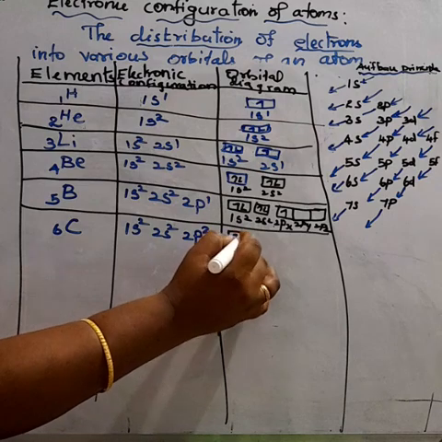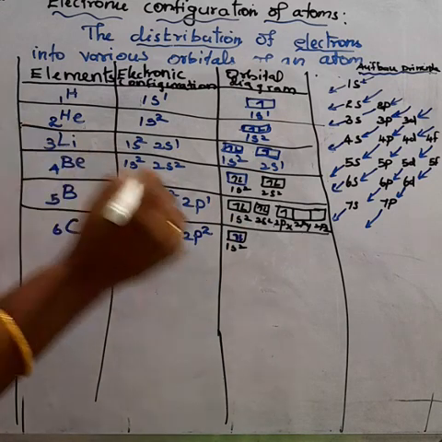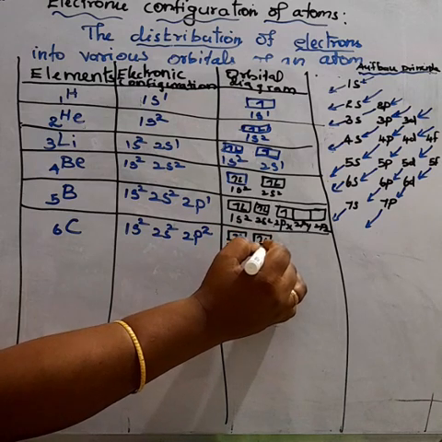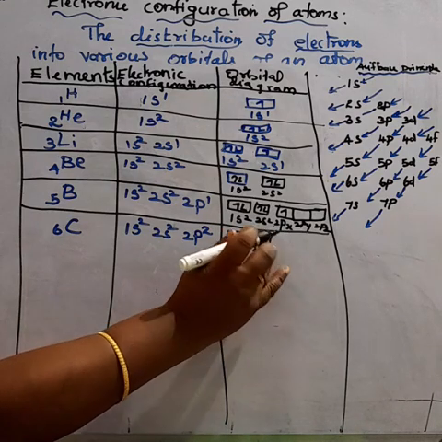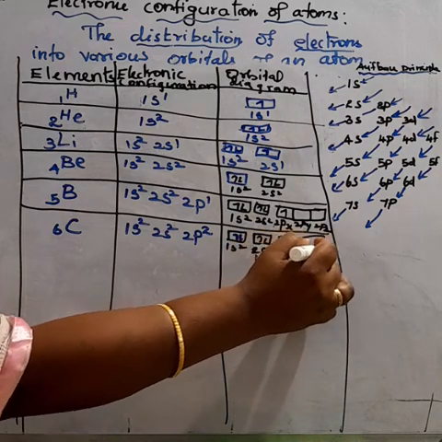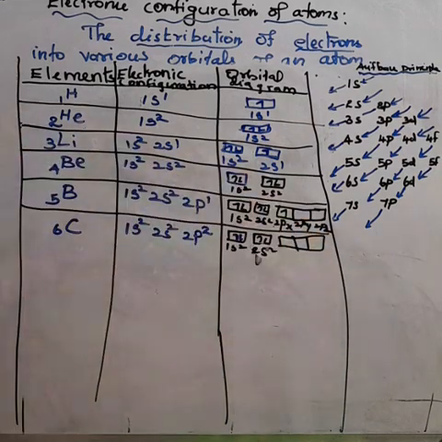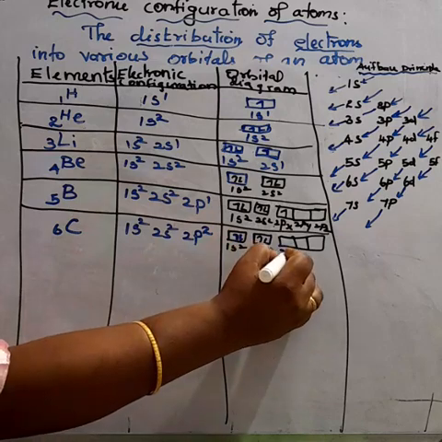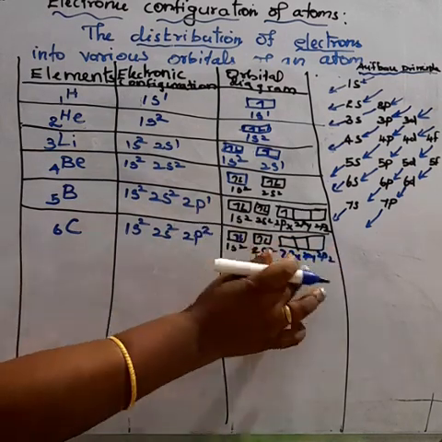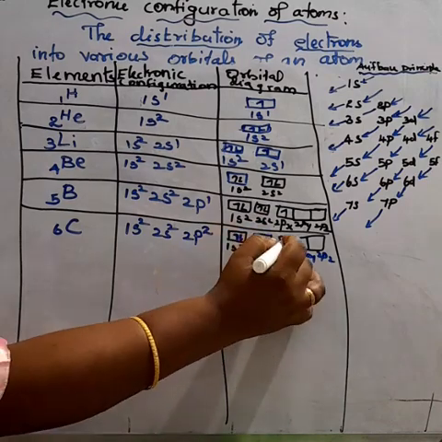After that the 2s orbital, 2 electrons. And then the 2p orbital. The p subshell has 3 orbitals: 2px, 2py and 2pz. Here how many electrons are there? 2 electrons.